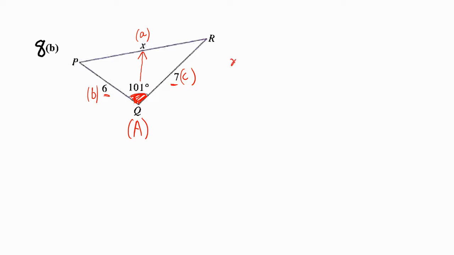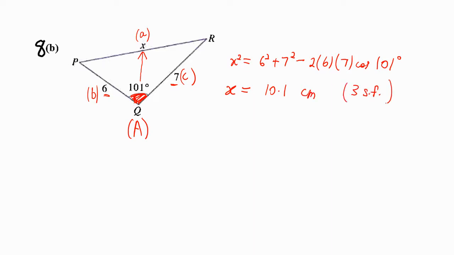So x squared equals 6 squared plus 7 squared minus 2bc cosine A, which is 101 degrees in this part of the question. So taking the square root of the answer, we can get 10.1 cm, 3 significant figures.